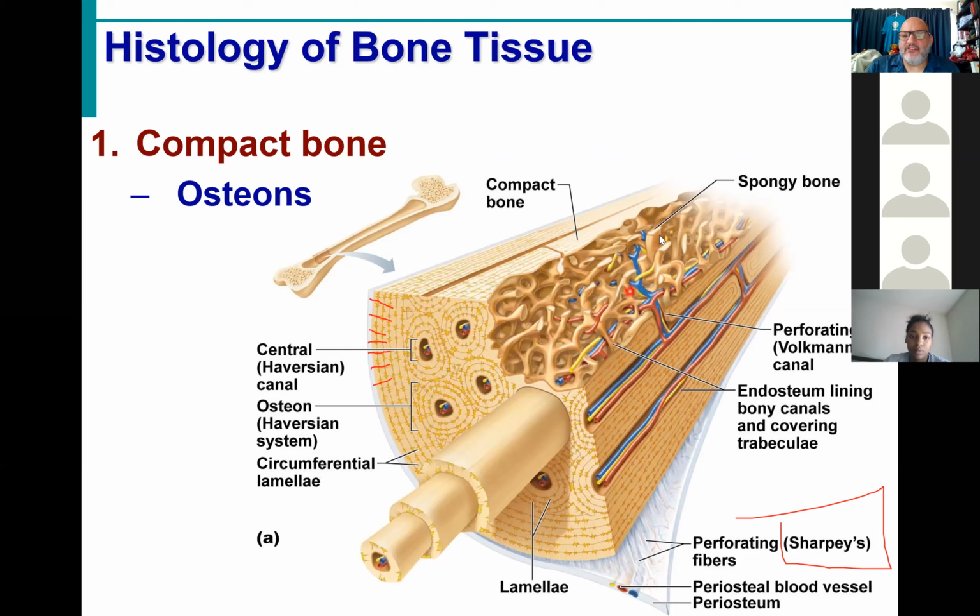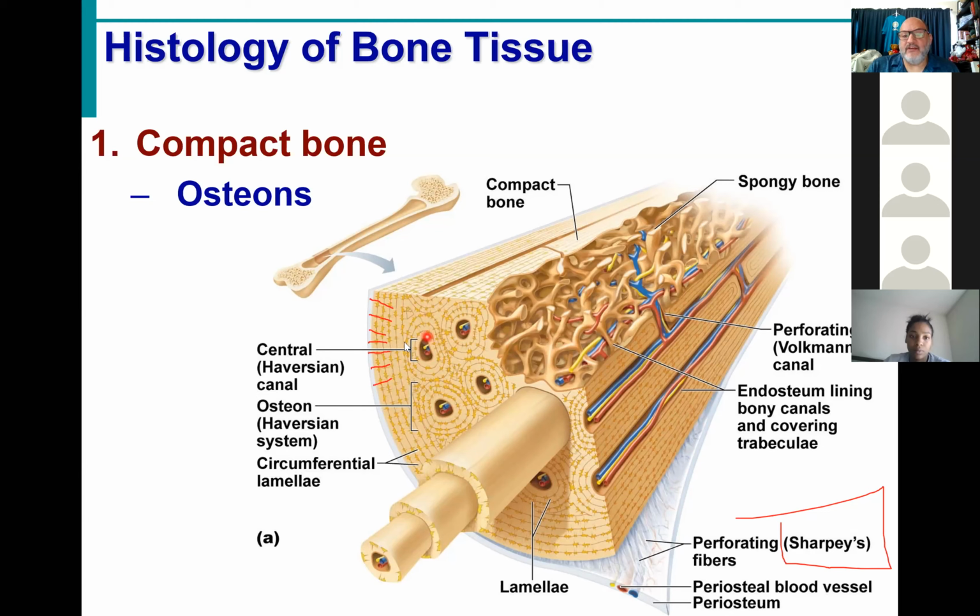Here we have all these irregular points and processes that make this cancellous bone really look like a sponge. Every single one of these, this long one, this short one, this branching one, all of these irregularly shaped points and processes would be referred to as trabeculae. So these trabeculae form the spongy bone, and these osteons form the compact bone.